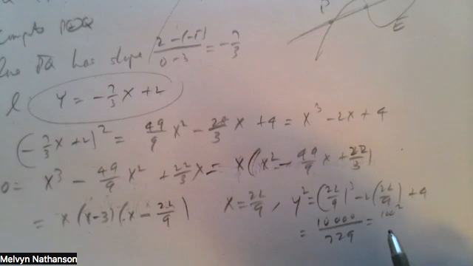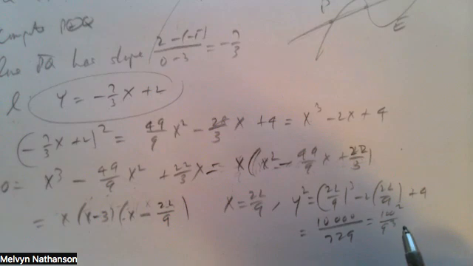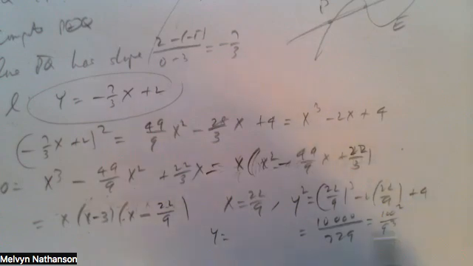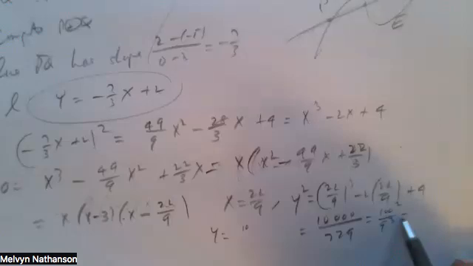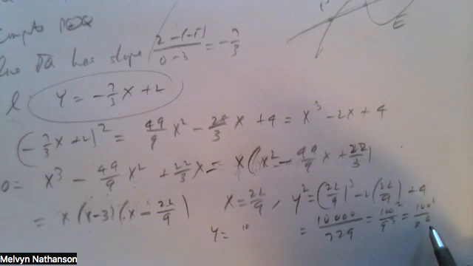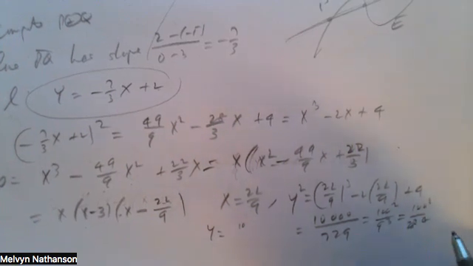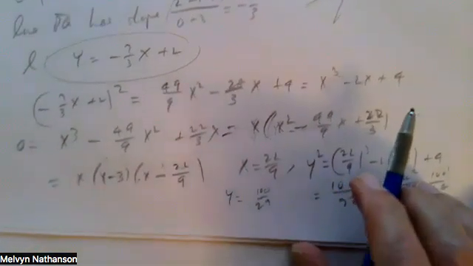That's 9 cubed. So if this is correct, y is equal to 100. So 9 cubed, this is 100 squared over 3 to the 6th, which is 27 squared. So y is equal to 100 over 27.